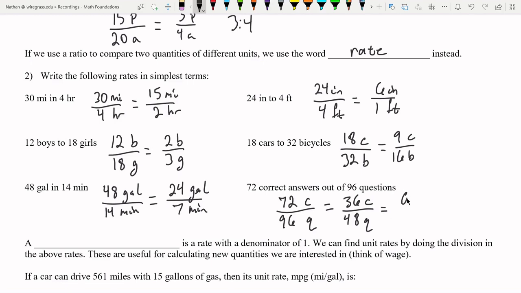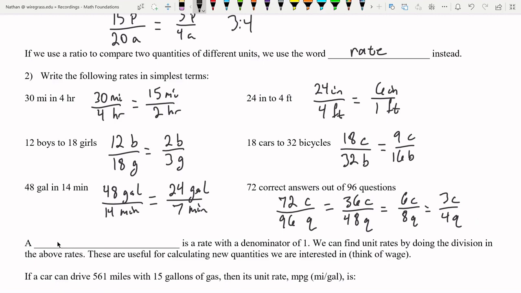That's going to give 6 correct out of 8 questions, or in other words, divided by 2, we get 3 correct out of every 4 questions. So we got 3/4 of the test correct. That'd be a way of interpreting that rate.